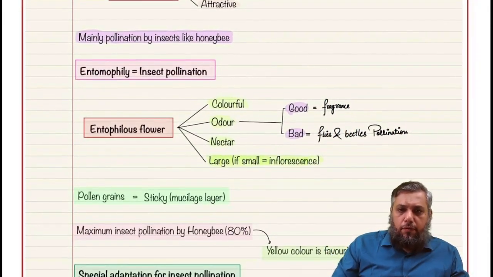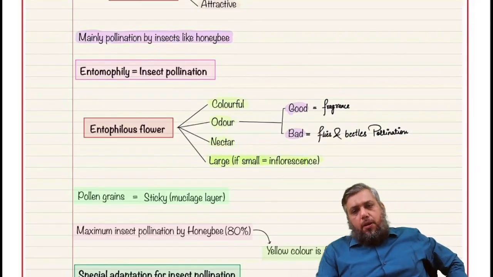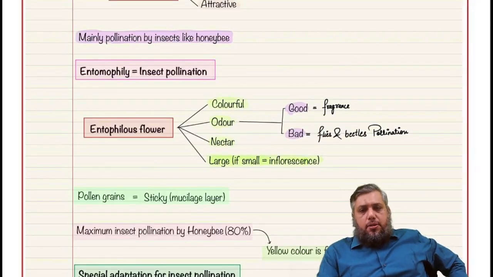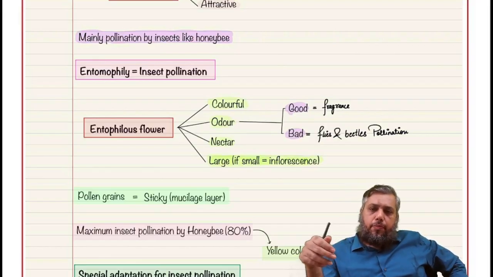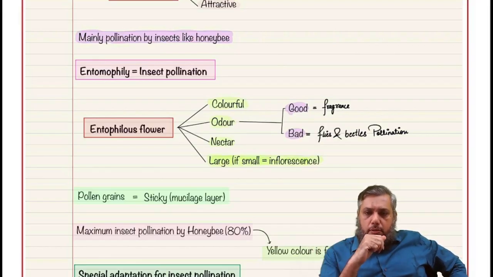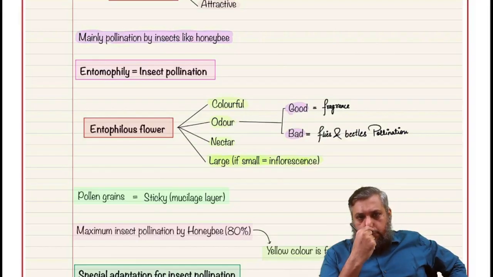Now, the insect pollinated flowers, we need to understand that as compared to anemophily, insect pollination is a more sure shot method. But then you have to ensure that the insect visits your flower for nectar. So you have to attract the insects.